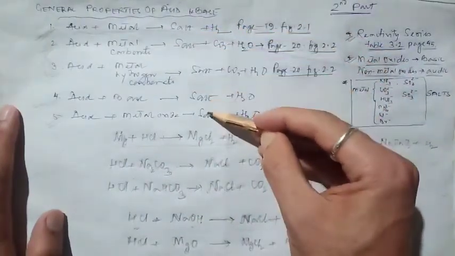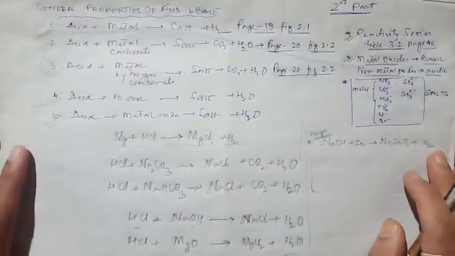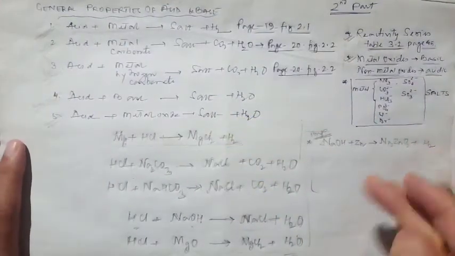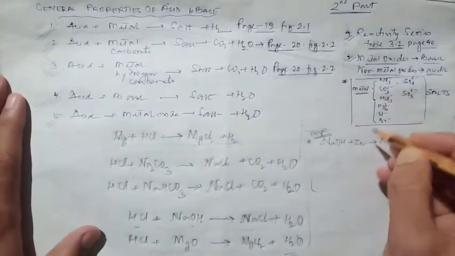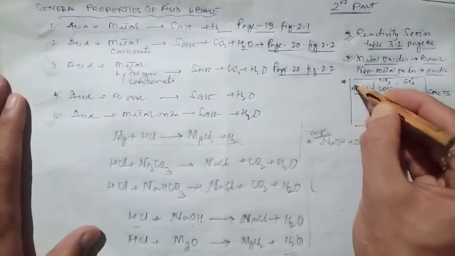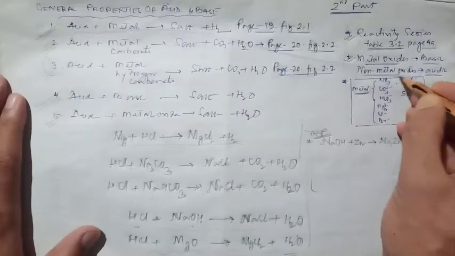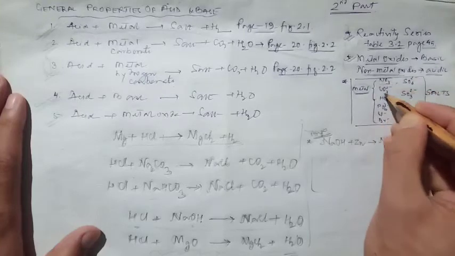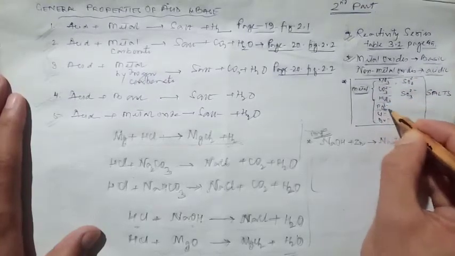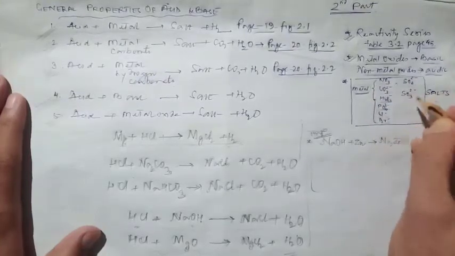Now students, what is salt? In chemical science, salt is something that is formed by a metal cation and an anion from the acids. You can see these are all from acids: nitrate ion, carbonate ion, hydrogen carbonate, phosphate, chloride, bromide, sulfate, sulfide.